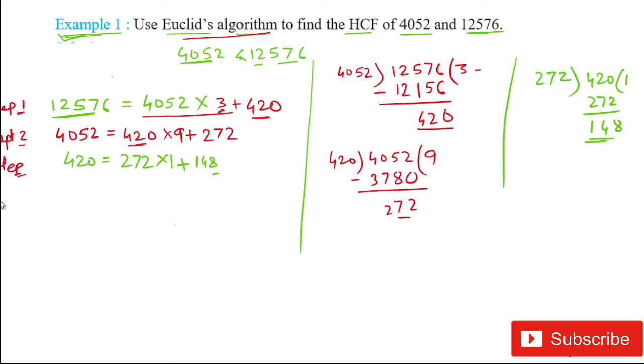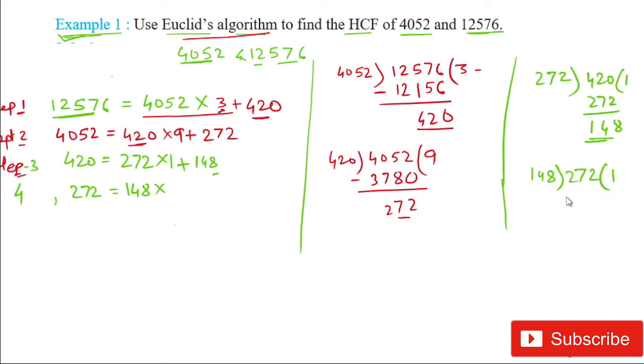So we'll have to follow step 4 also. In step 4 we have to divide 272 by 148. Now here we will divide 272 by 148.